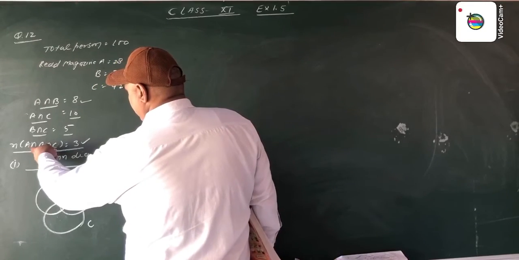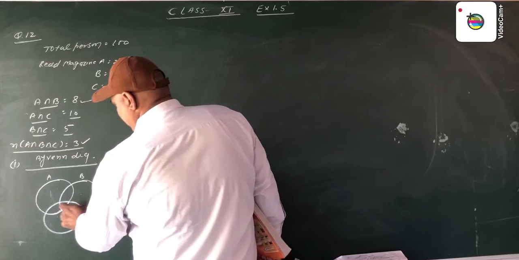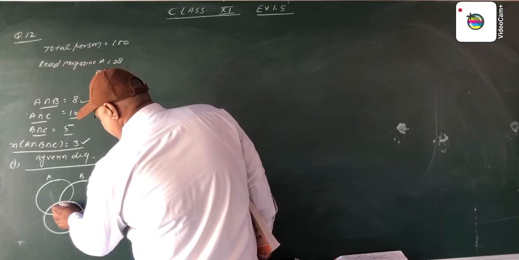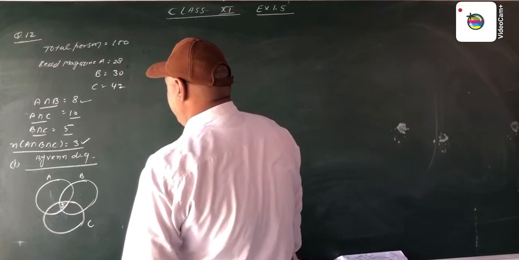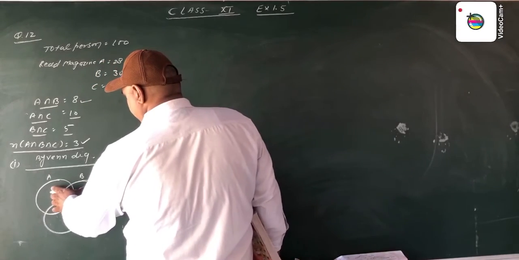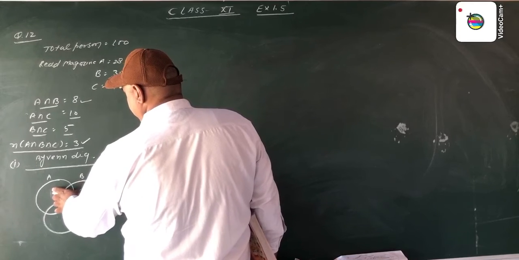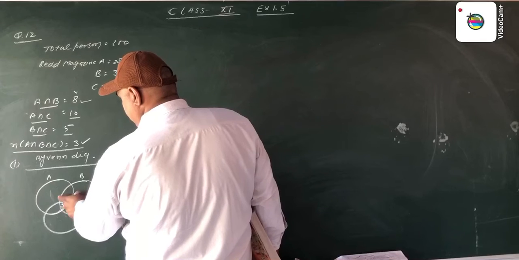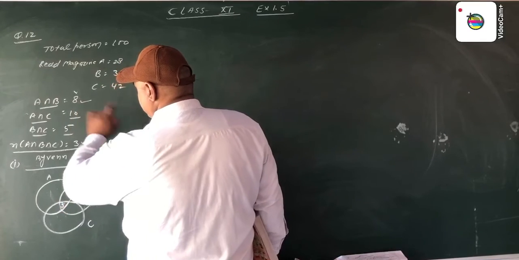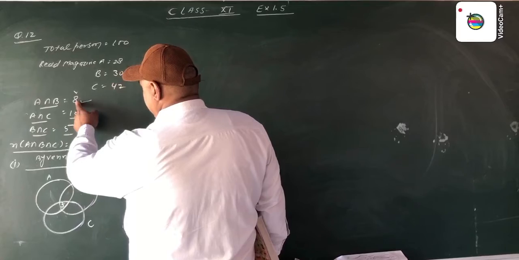The number of persons common to all 3 circles is 3. So we write 3 here. Now we complete this Venn diagram. This is the A intersection B area. It means the A intersection B total is 8, but we have already taken 3 in this area. So the number of students here is 8 minus 3.